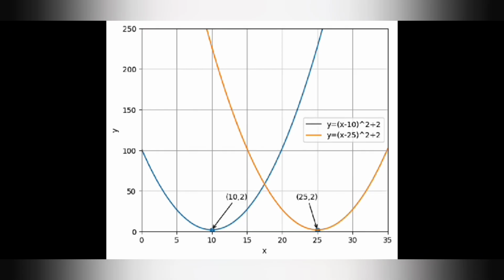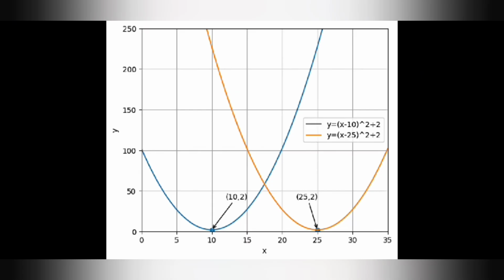These graphs show how a quadratic function can be translated or moved without changing its shape. The original equation is y equals (x minus 10) squared plus 2. Its vertex, which is the lowest point of the parabola, is at (10, 2).